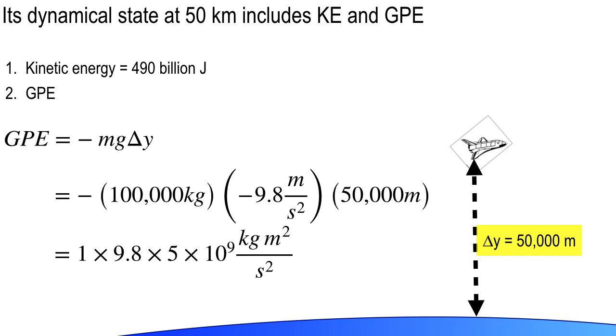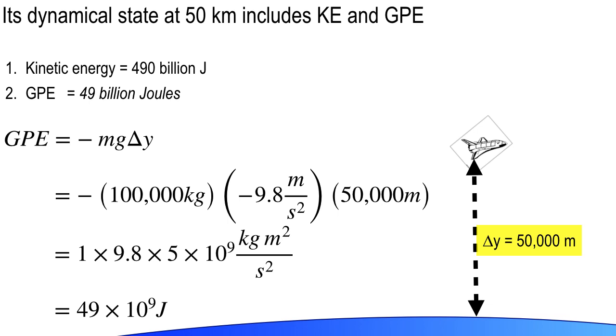So I've factored out my powers of 10. And again, I get billions of joules, but here I've only got 49. The kinetic energy is 490 billion. GPE, still pretty big, but not that big. It's only 49 billion joules. So there's our calculation there.